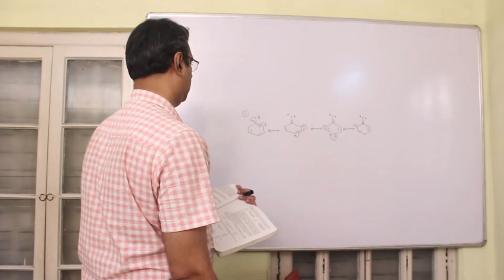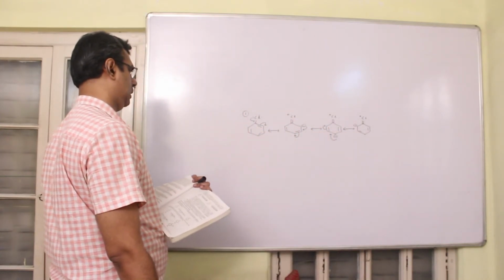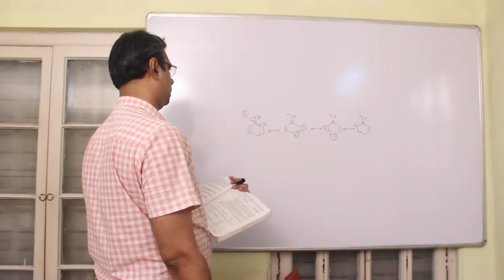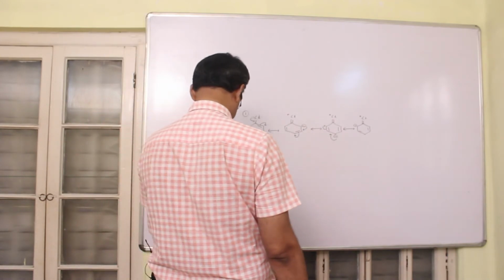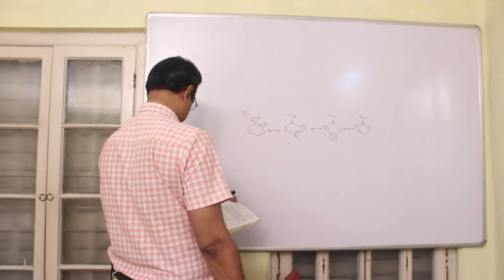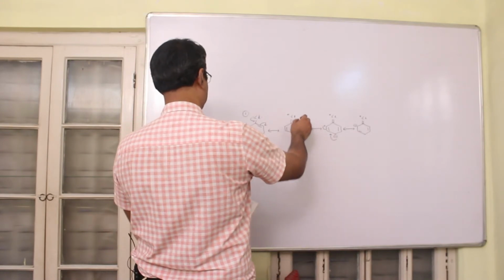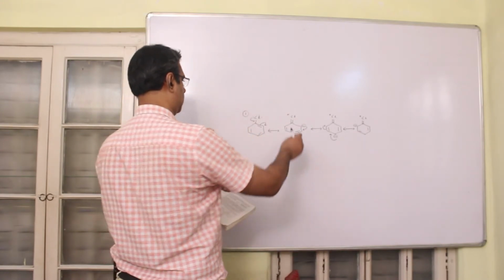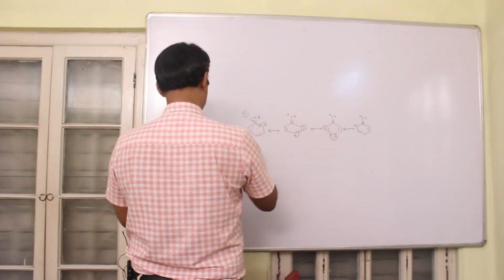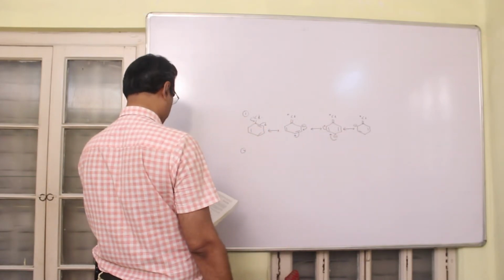You can see that all haloarenes are resonance stabilized. So due to resonance, the bond between carbon and halogen has a partial double bond character. So it is not easy to break this bond.